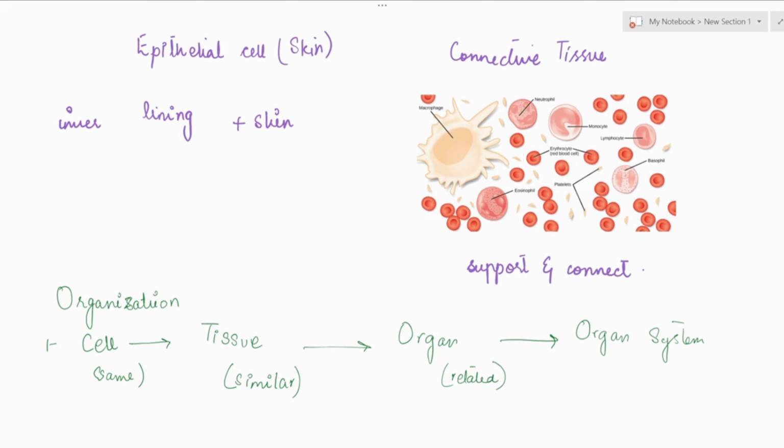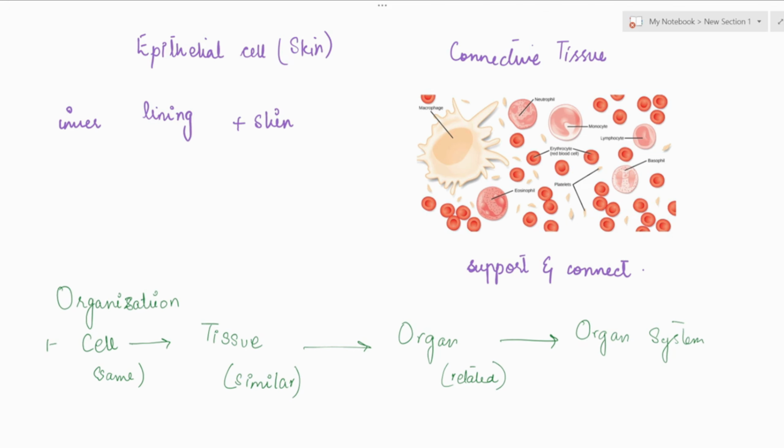Now you have different types of organs. Can you name any system other than the circulatory system? Excretory system. Any other system? You need to tell me certain parts of the system.